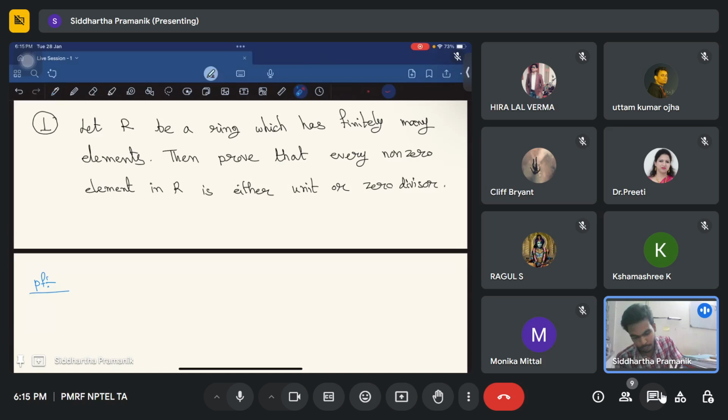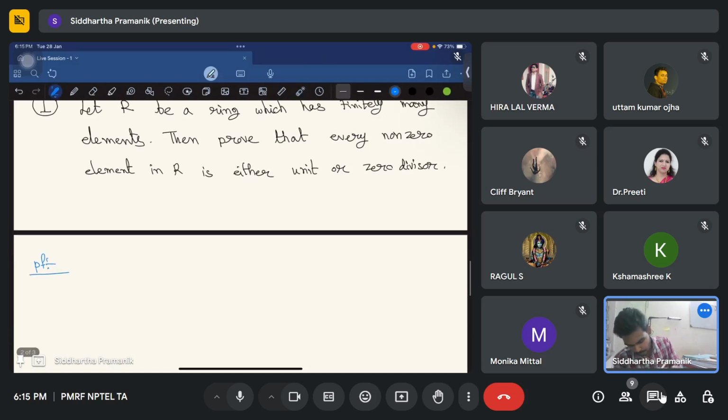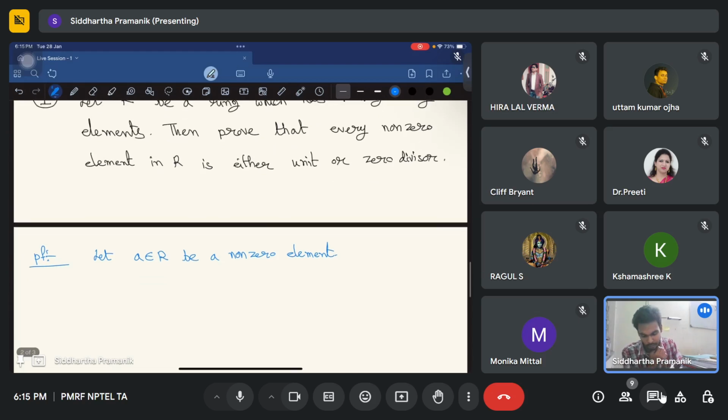So the important thing here is R is a finite ring. Okay. So let A belong to R be a non-zero element. What we have to prove here is A is either a unit or a zero divisor. If A is a unit, then we are done.